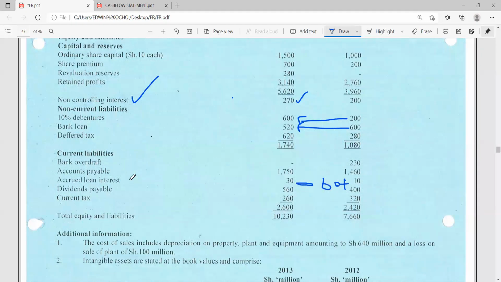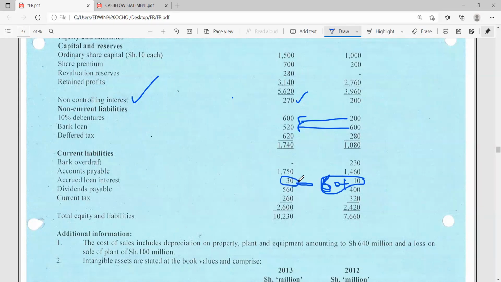Am I doing the correct thing? These are the figures I've picked. Yes, I'm okay. So it's 10 plus 60. At the end is 30. So which interest has been paid already? They were supposed to pay 70, 10 plus 60. But now at the end, they are supposed to pay 30.